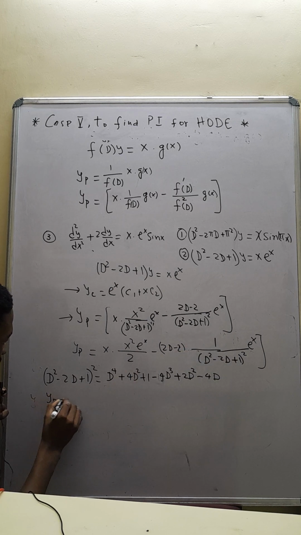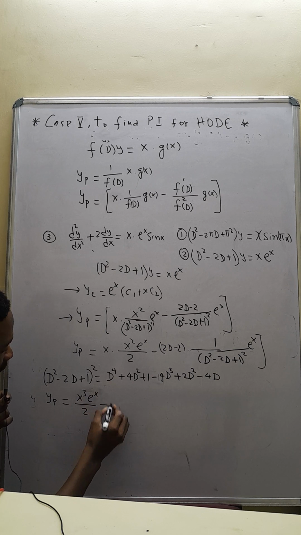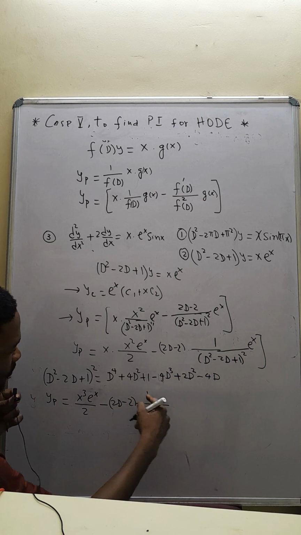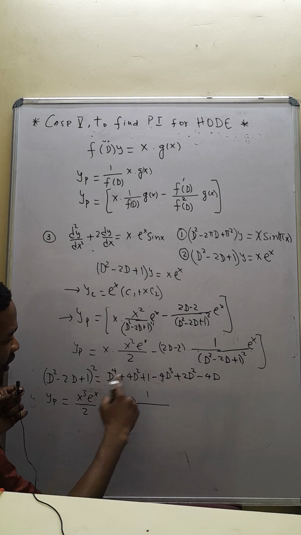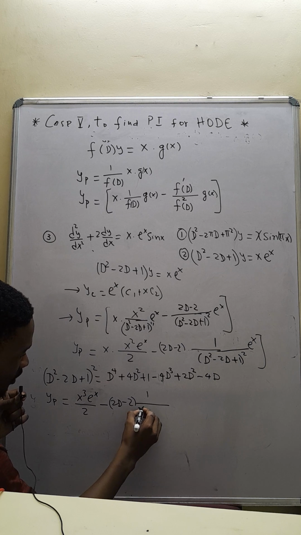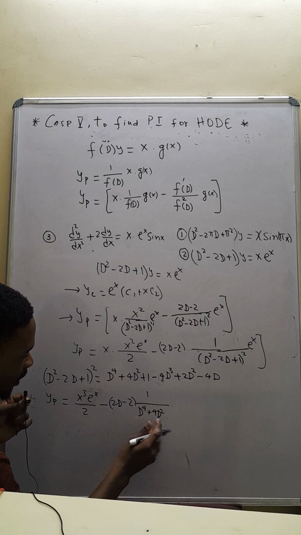So yp will be x raised to 3, Euler raised to x upon 2, minus 2d minus 2. Then, here down, when I substitute for 1, it will be 0. It will be d raised to 4 plus 4d squared.